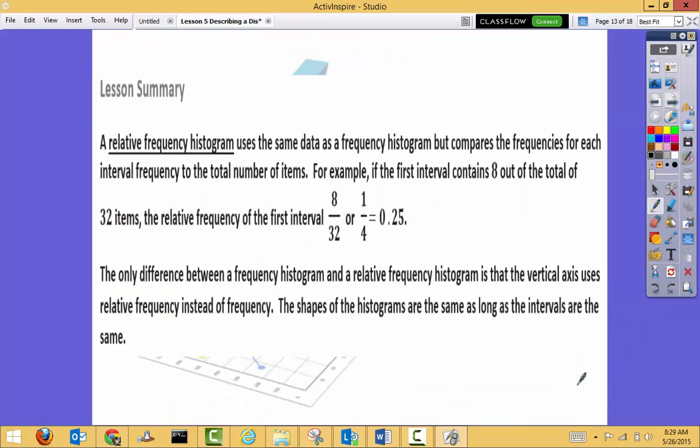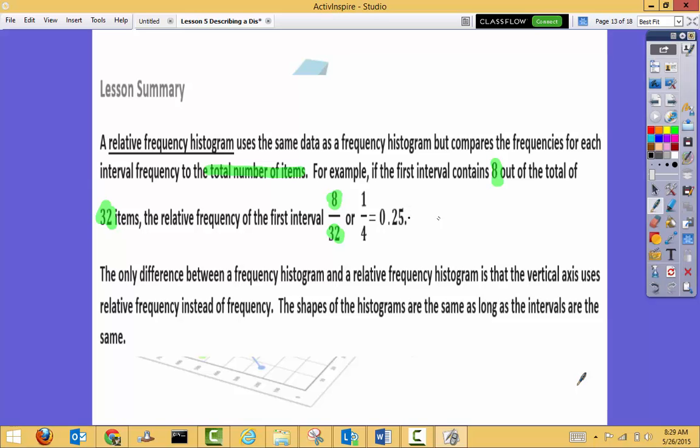Okay. Lesson summary now. A relative frequency histogram uses the same data as a frequency histogram, but it compares the frequencies for each interval to the total number of items. For example, if the first interval contains 8 out of a total of 32, the relative frequency is 8 over 32, or 1/4, or 0.25.